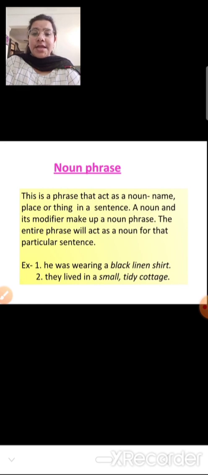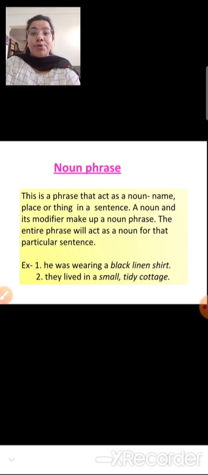Now, let's take an example: a beautiful home. If I say Ram has built a home, it's a sentence, but there is nothing I have described about the home. Here the noun is home. But if I say Ram has built a beautiful home, here I have described the noun.